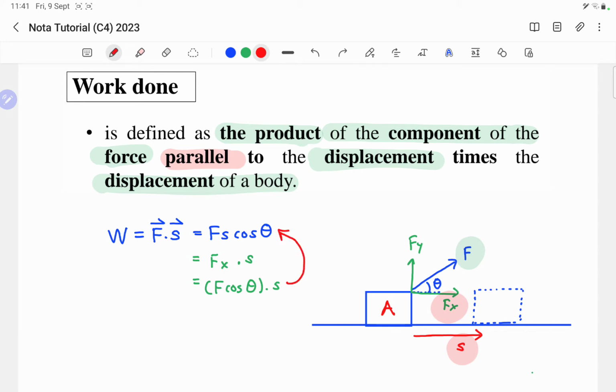It's very important for you to understand the concept, the physical meaning of the dot product of work, because this kind of question probably is going to come out in the UPS. So try to search for the keyword parallel. Kalau dia tulis perpendicular, salah lah, because dot product dia mesti parallel.